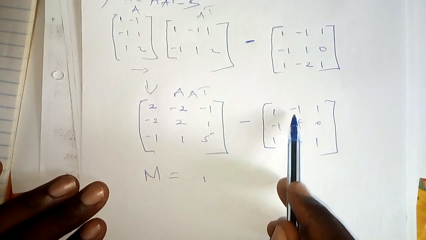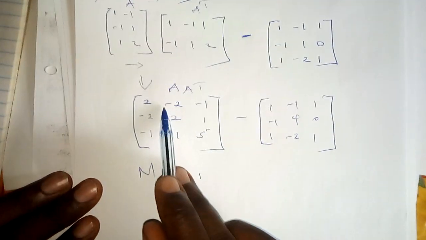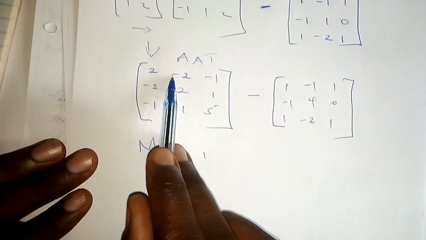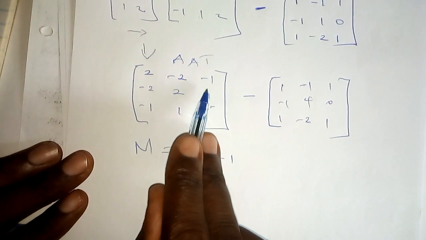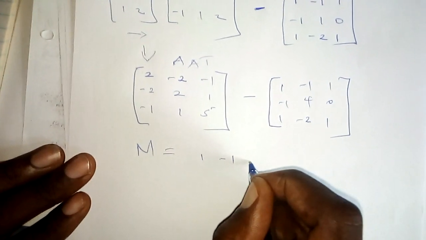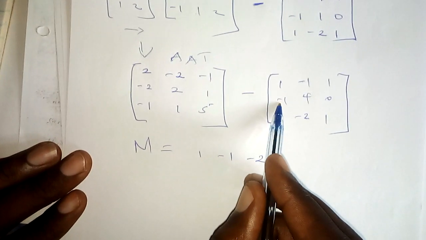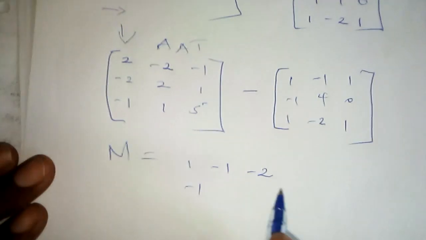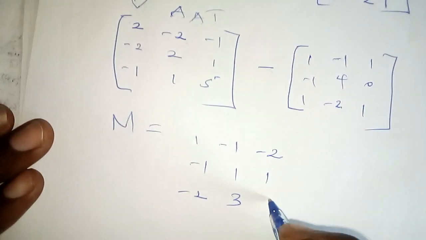Negative 2 minus negative 1 is the same as negative 2 plus 1, which is negative 1. What about negative 1 minus negative 1? It becomes negative 2. Still, we take negative 2 minus negative 1, it becomes negative 1.